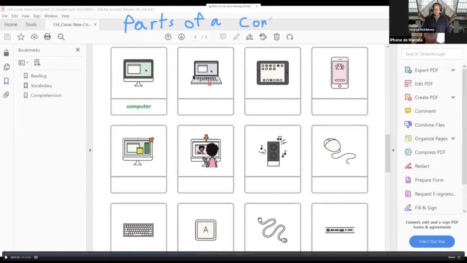He's also teaching you this. Parts of a computer and what's this word? Vocabulary. Vocabulary.